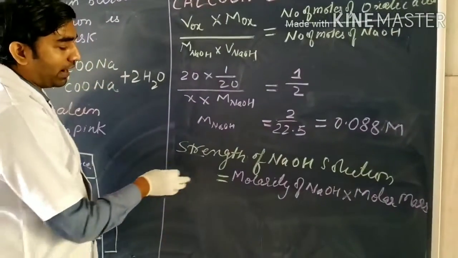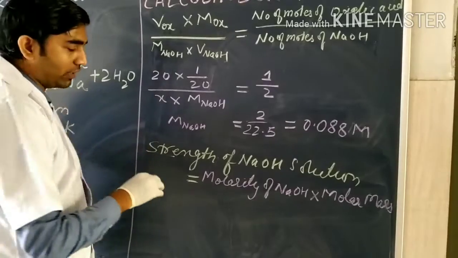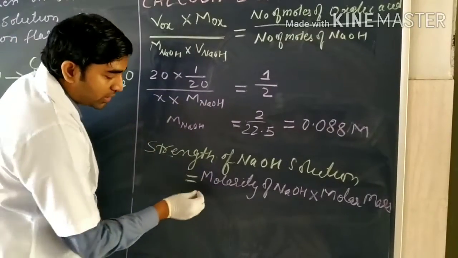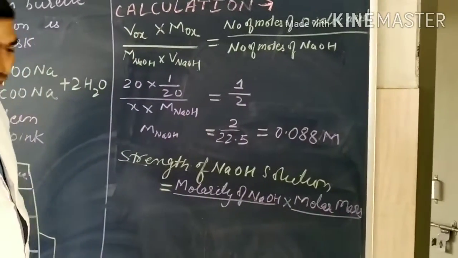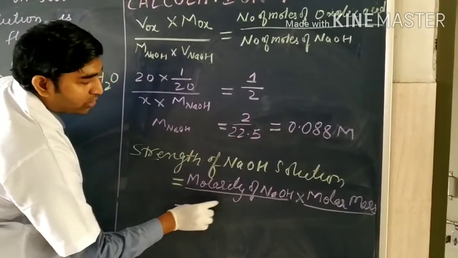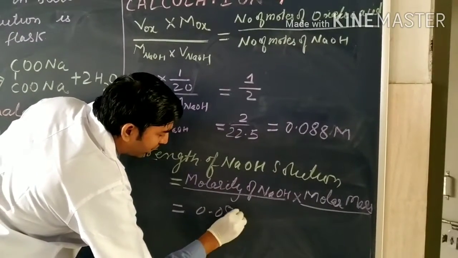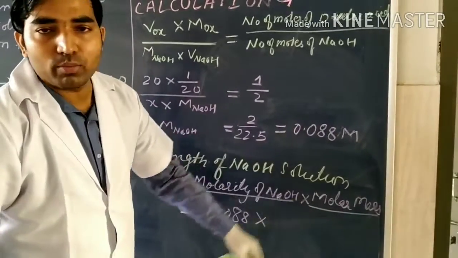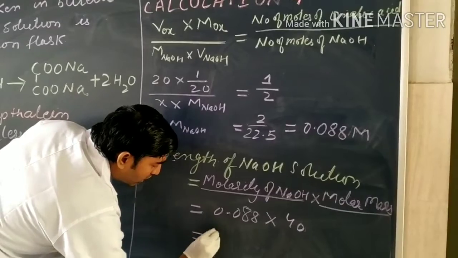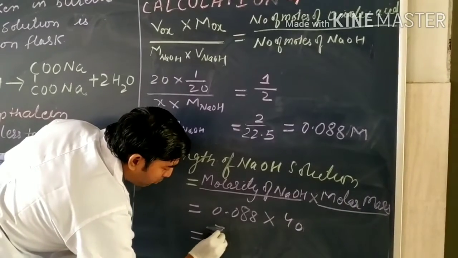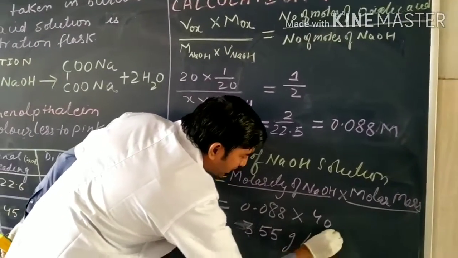Then we have to find the strength of the given NaOH solution. The formula for strength is molarity of NaOH multiplied by molar mass of NaOH. The molarity of NaOH we just found is 0.088, multiplied by the molar mass of NaOH, which is 40, which is equal to 3.55 gram per liter.